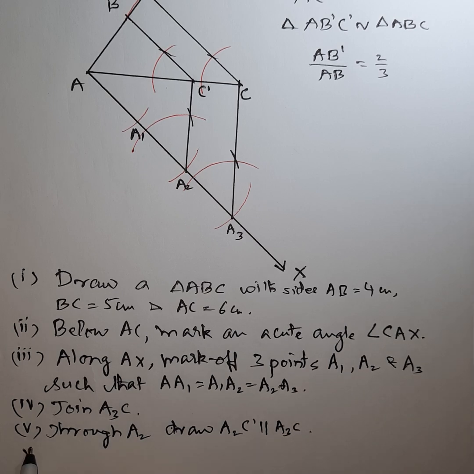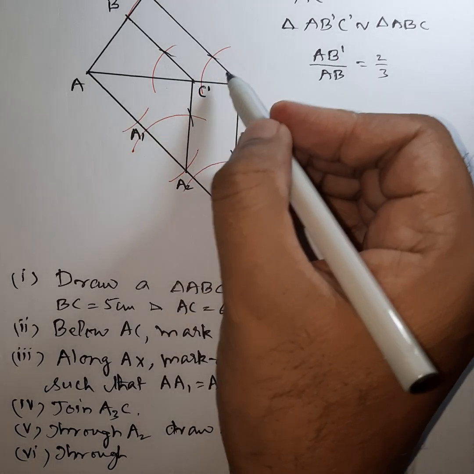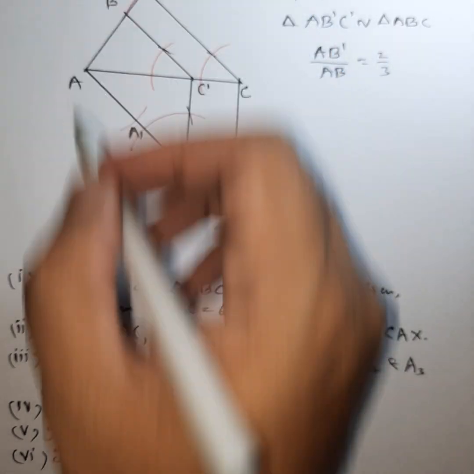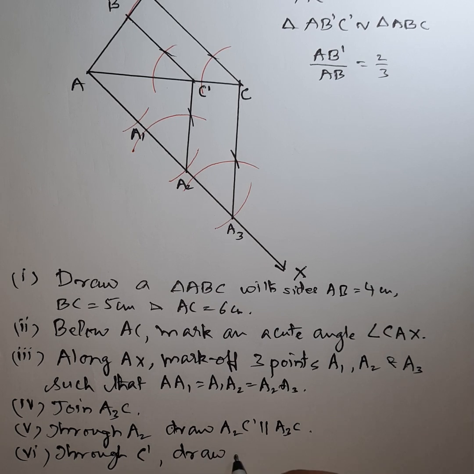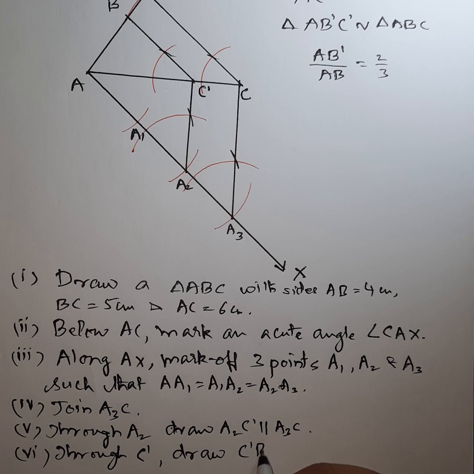And sixth one, through same, we have to draw another parallel line from C dash, which is C dash B dash parallel to BC. So through C dash, draw C dash B dash parallel to CB.